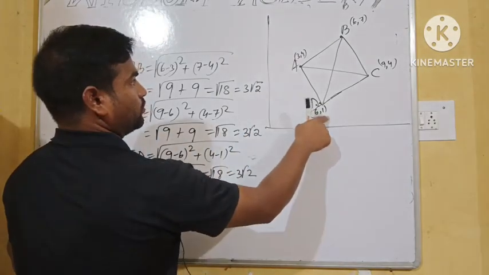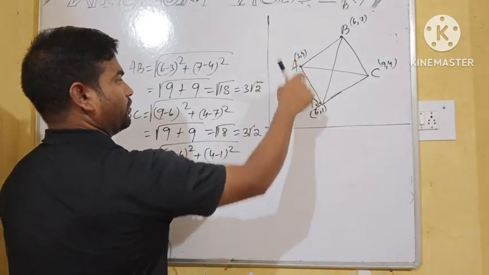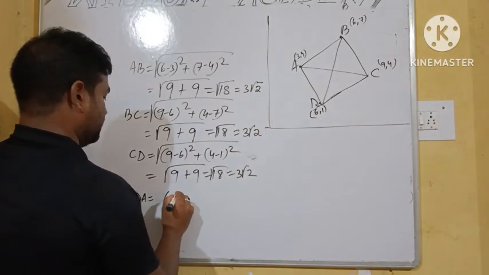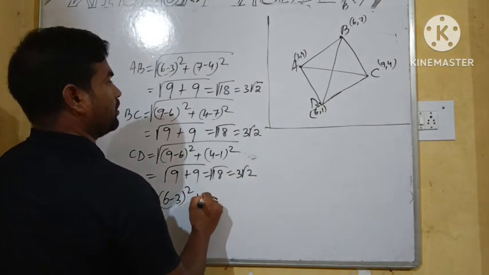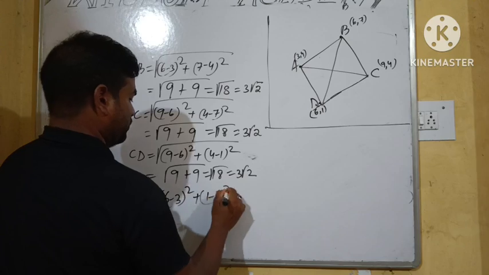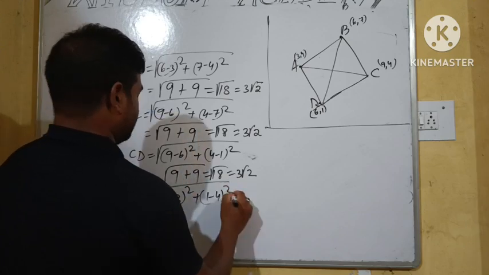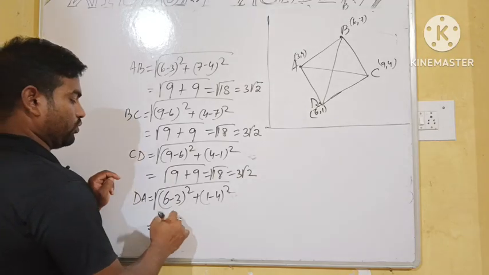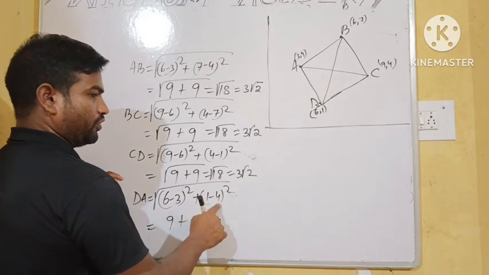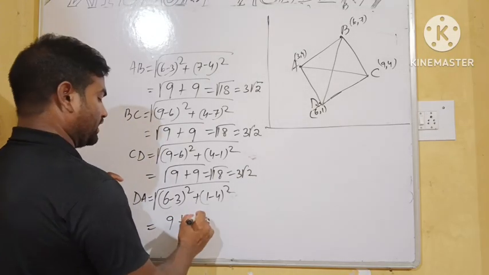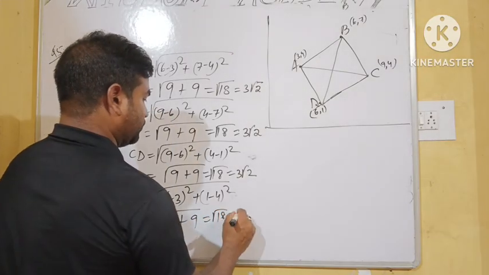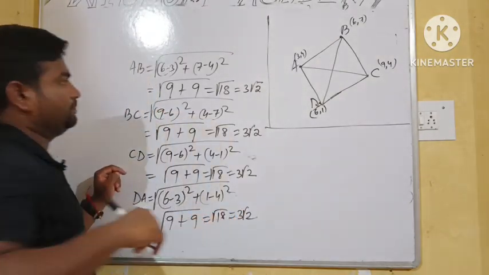The coordinates of D are 6, 1. The coordinates of A are 3, 4. The distance DA is (6 minus 3) whole square plus (1 minus 4) whole square. 6 minus 3 is 3, the square is 9. 1 minus 4 is minus 3, the whole square is plus 9. So its value will be square root of 18, which is 3 root 2.